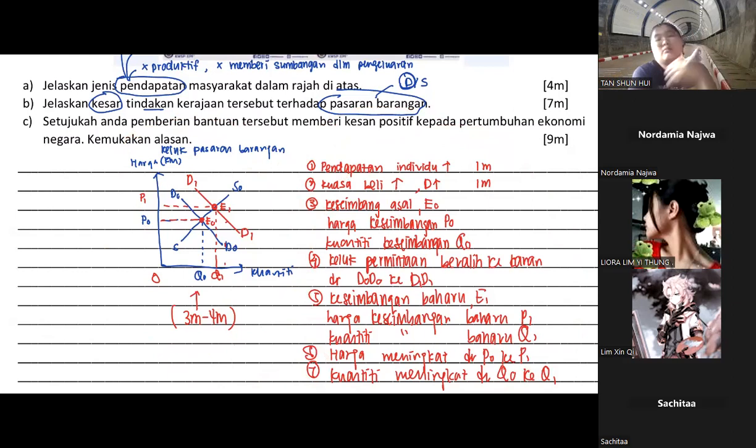And the next one. Setujukah Anda pemberian bantuan tersebut memberi kesan positif? Kemukakan alasan. Now, this is a typical rubric question. They ask you, do you agree or not? Above action will bring a positive to our economy growth.